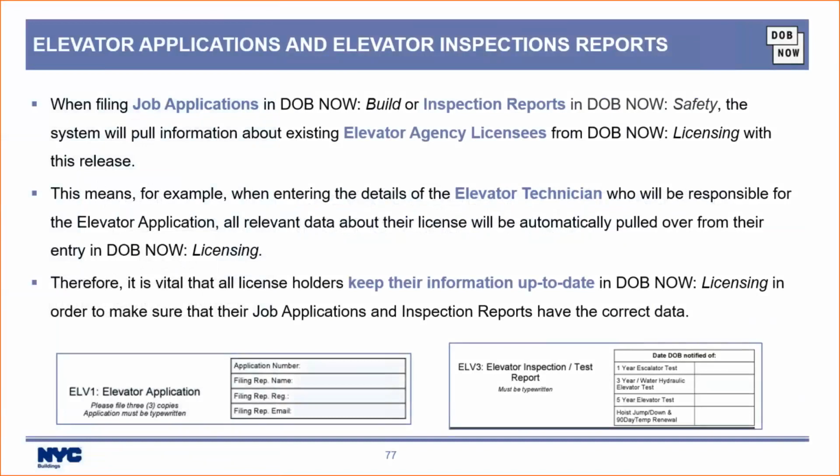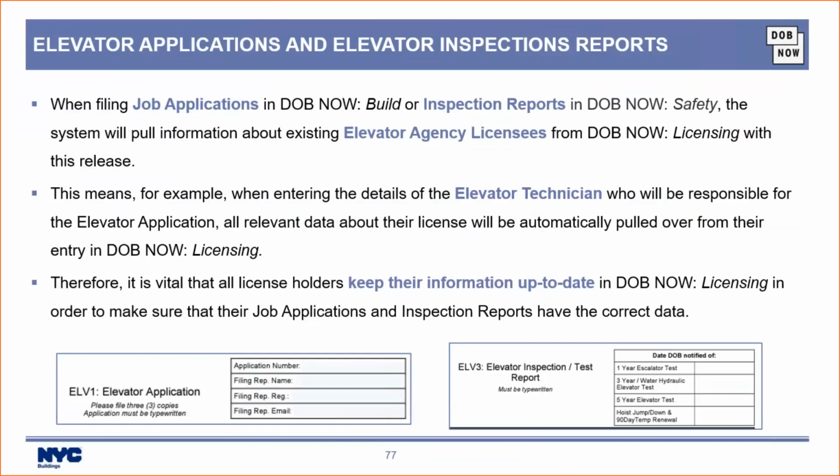This means, for example, when entering the details of the elevator technician who will be responsible for the elevator application, all relevant data about their license will be automatically pulled over from their entry in DOB Now licensing. Now, again, that's why when I did those steps, some of those fields were grayed out. It was pulling them in.